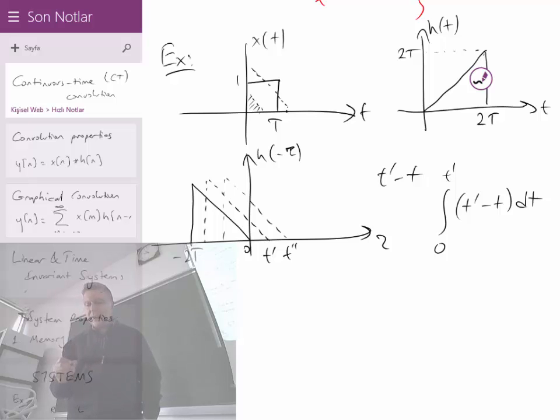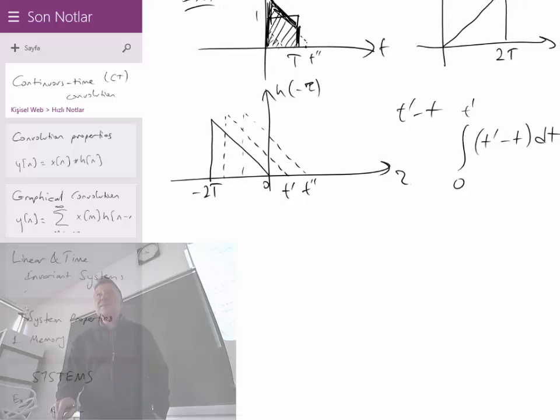The shape I need to find the area under is from 0 to t, because after capital T, although t double prime is larger than capital T, it is multiplied by 0, so that portion is chopped. There is no intersection there. The intersection is only between 0 and capital T, and I need to find the area under this kind of a shape. Strange. Right? What's the area underneath?